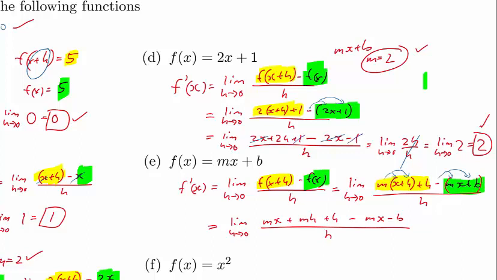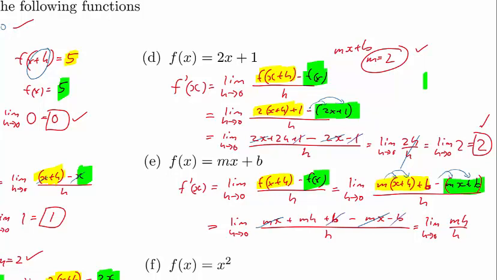All right, let's look at what cancels. We got mx minus mx. Those go away. And then we got a b there. I'm going to fix that up. There we go. Okay, sorry, that should have been a b. I drew that funny. And we got b minus b. And so here we have the limit as h goes to 0 of mh divided by h.